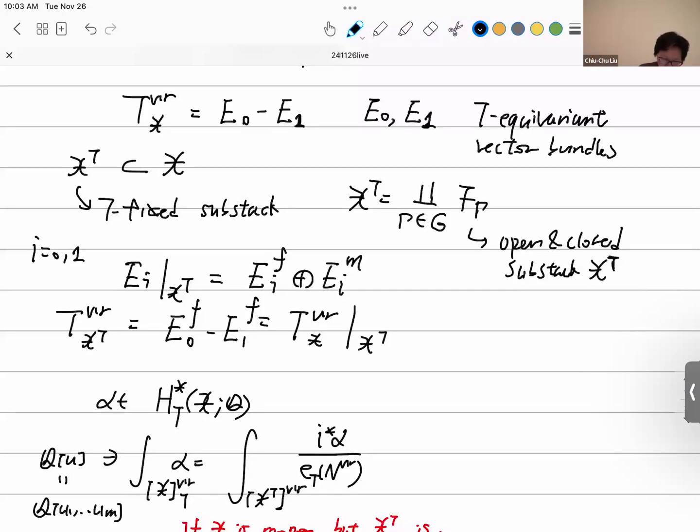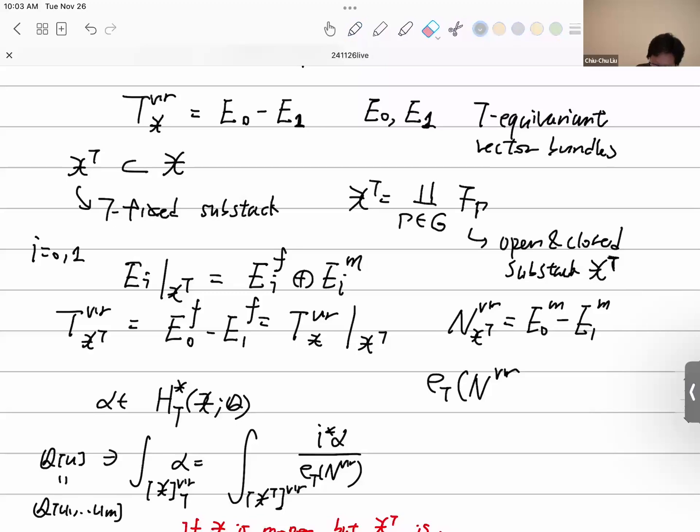And this can have different dimensions for different components F_gamma. And the moving part gives us the virtual normal bundle, so let me just write it as N virtual.